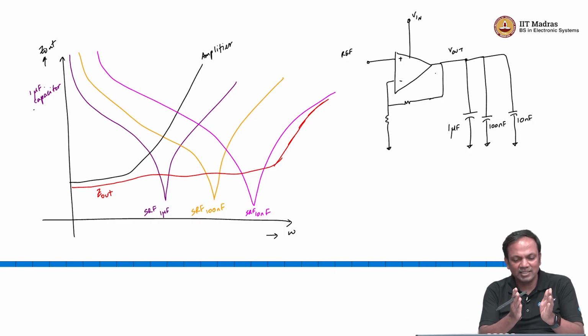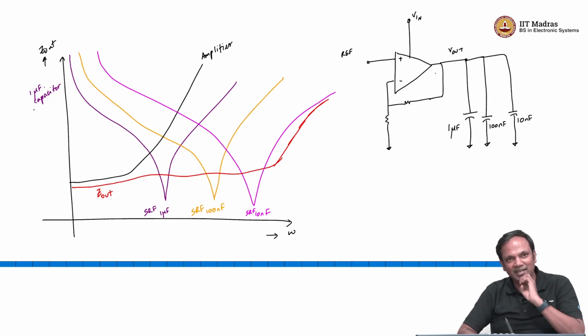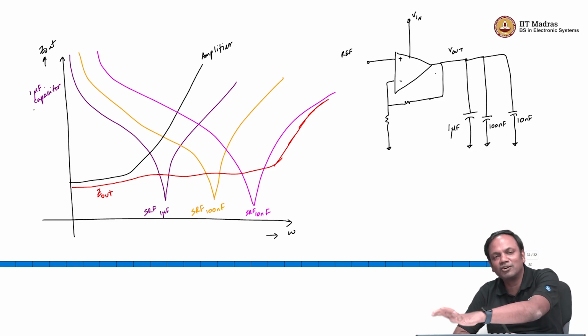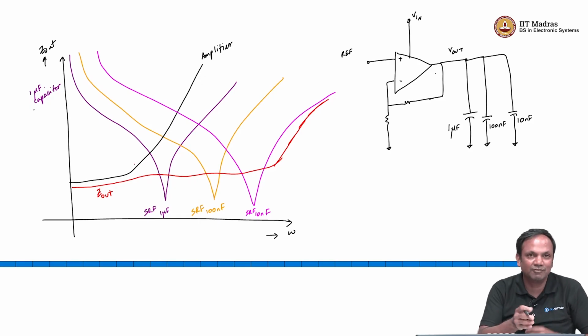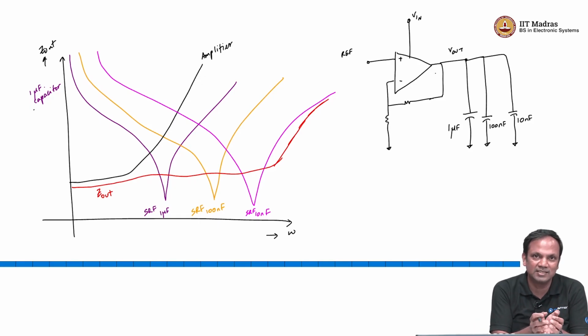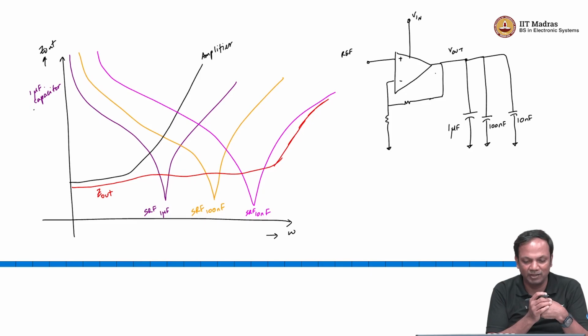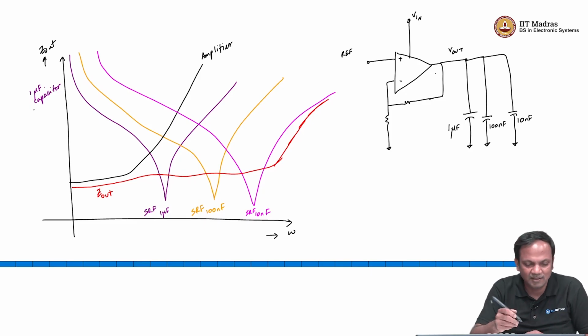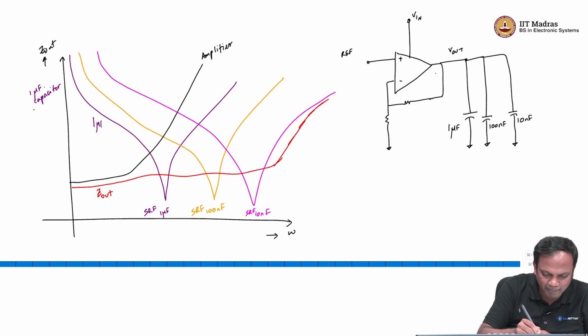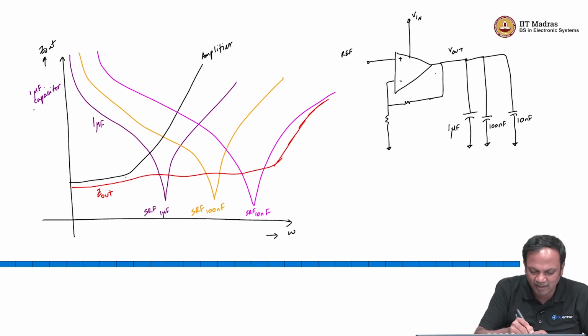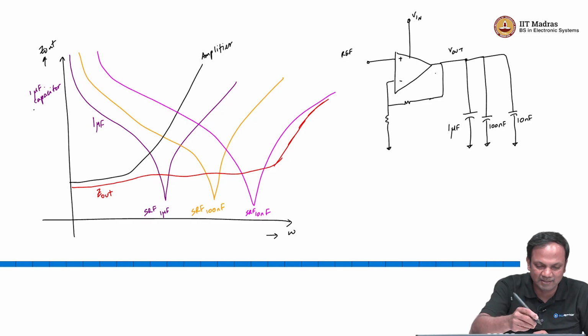So, I have essentially chopped the frequency domain into different bands and said each of these bands is now the responsibility of one of these 4 guys. So, first the amplifier takes care of very low frequencies, it gives me low DC impedance. Then the 1 microfarad capacitor kicks in and says okay, let me extend that frequency band a little bit through my capacitive action.